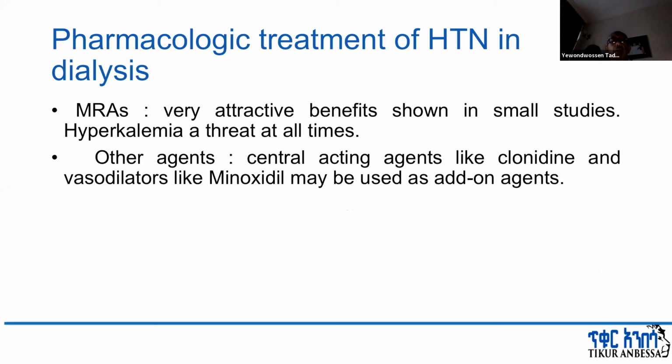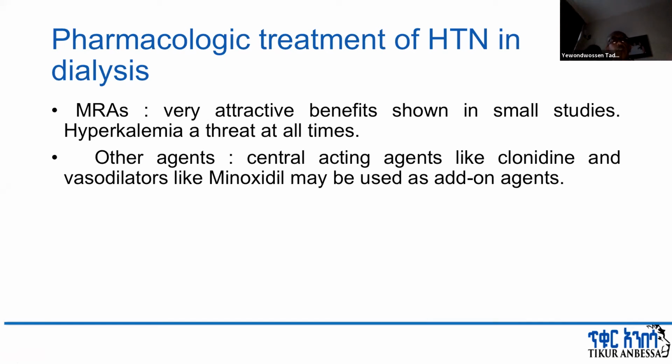Other groups of antihypertensive agents that may be used include mineralocorticoid receptor antagonists. At face value, one may be scared to use these agents because of the increased risk of hyperkalemia in these patients who are oligoanuric.